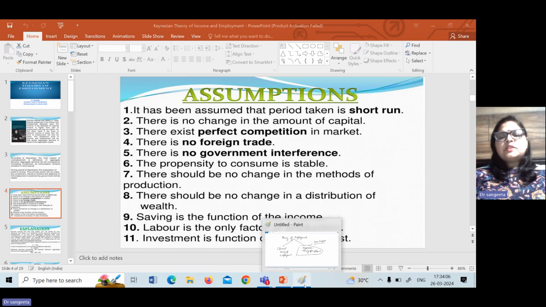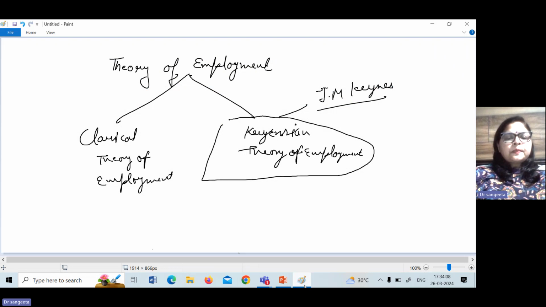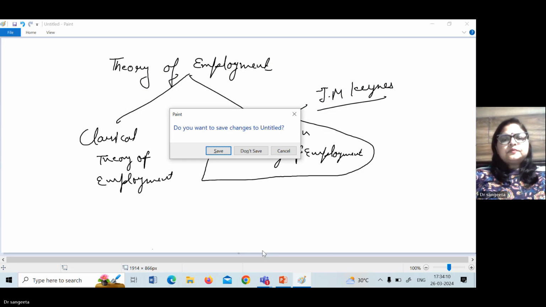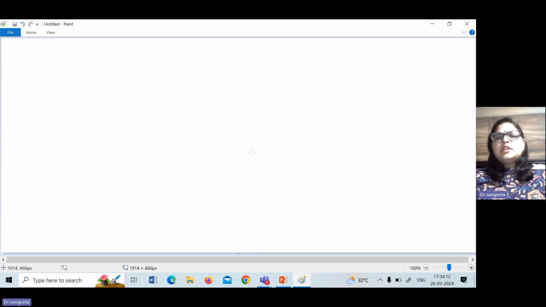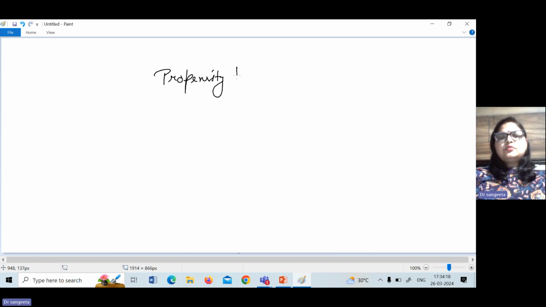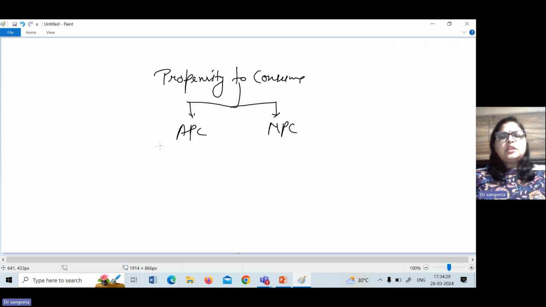Well, what is propensity to consume? Let me explain. We can divide the propensity to consume into two parts: APC, average propensity to consume, and marginal propensity to consume.